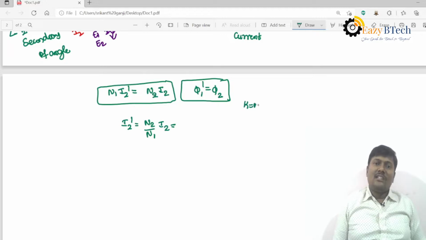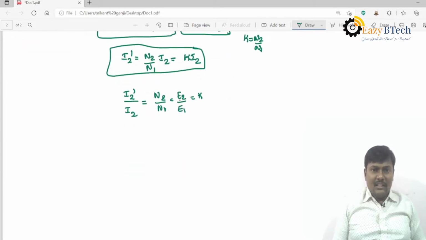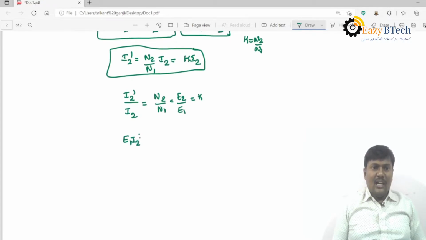N2 by N1 is the transformation ratio K. So I2 dash is equal to K times I2, and I2 dash divided by I2 is equal to N2 divided by N1, which is equal to E2 divided by E1, which is equal to K. Cross multiplying EMFs and currents, E1 into I2 dash is equal to E2 into I2.